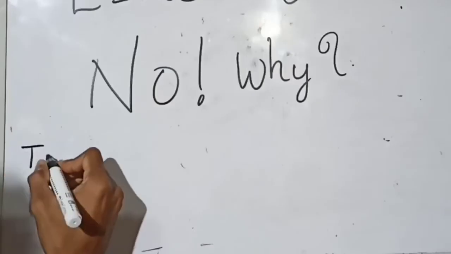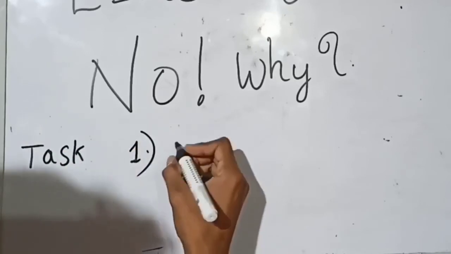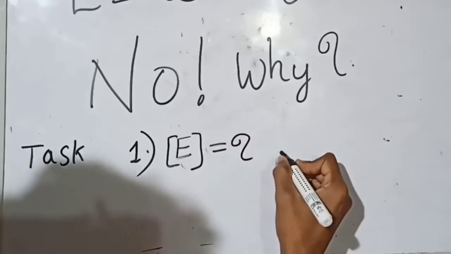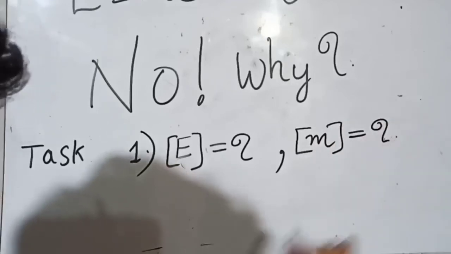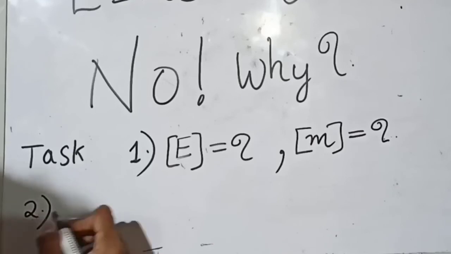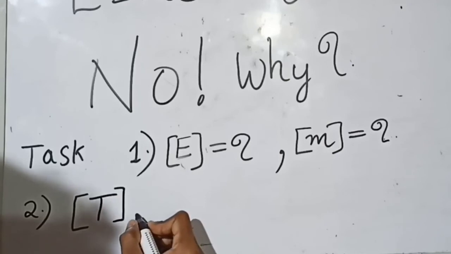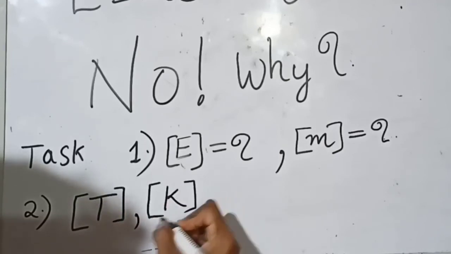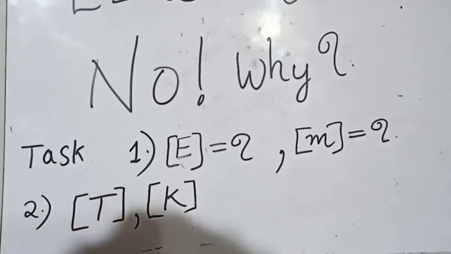For that you just need to use the method that we already talked about. So it's actually a task for you. Find the dimension of energy and find the dimension of mass in Planck's dimensions. That's the first part of the task, and the second part of the task is to find the dimension of time and the dimension of temperature in Planck's dimensions.